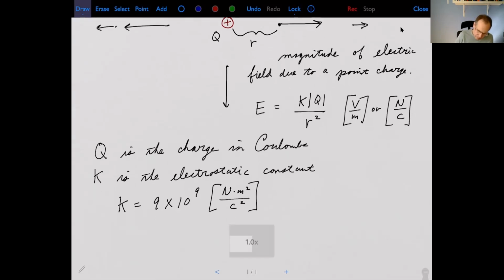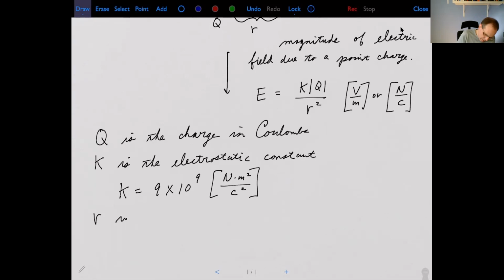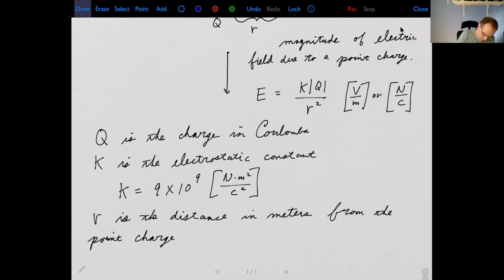And then R, again, is the distance in meters from the point charge to the location where you are measuring the field.